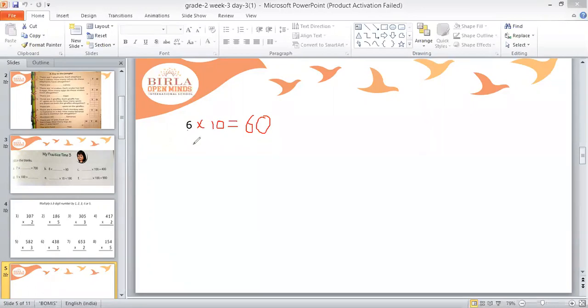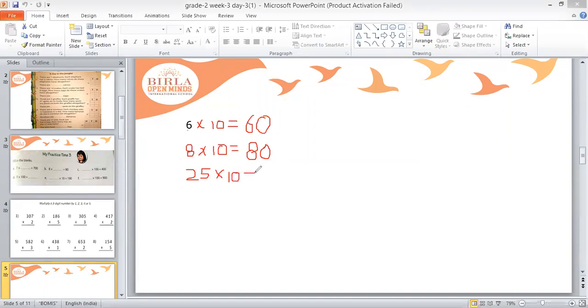Suppose we are multiplying 8 with 10. Again, we'll write 8 after the equal sign, and then we will put 10. Now suppose we are multiplying 25 with 10.